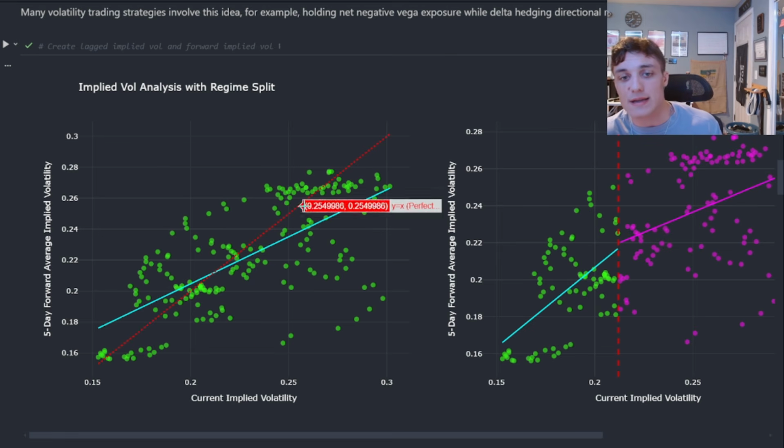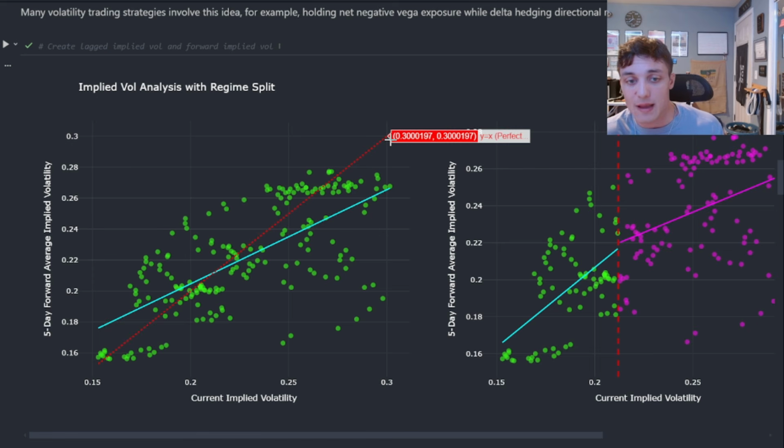Y equals X is suggesting, hey, the implied volatility in a forward-looking sense was measured correctly. So if the slope of the regression line was 1, then implied volatility would perfectly predict the subsequent realized volatility in a forward-looking sense. But that's not what happens. Our regression line actually has a slope that's less than 1.